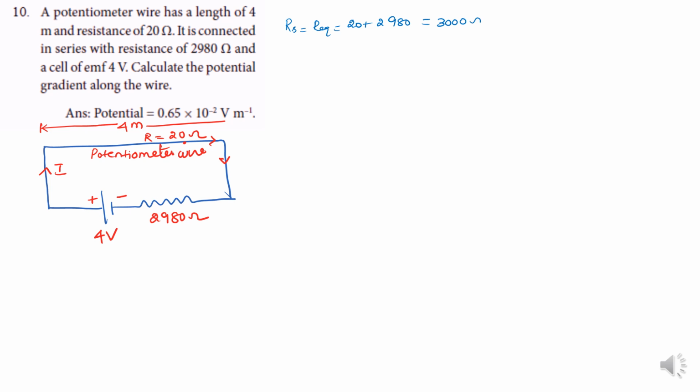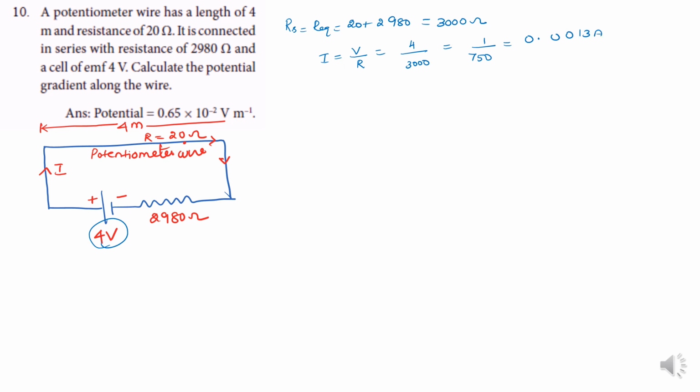This is R series. So the current flowing I is equal to V by R. So V is 4 volt, right? So 4 by 3000, which is 1 by 750, or which is 0.0013 amps.